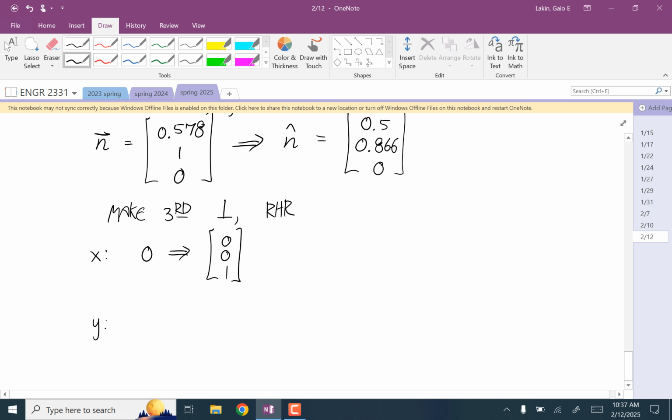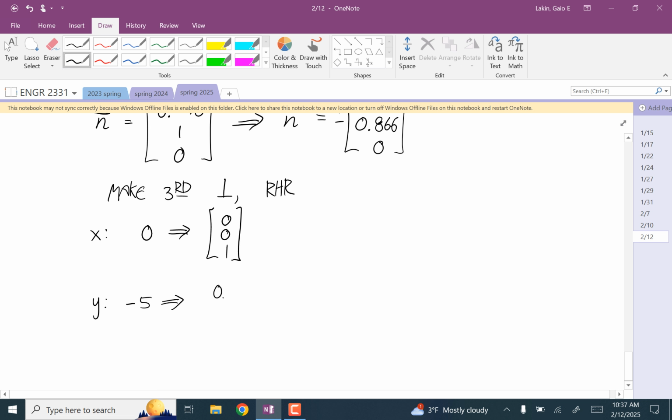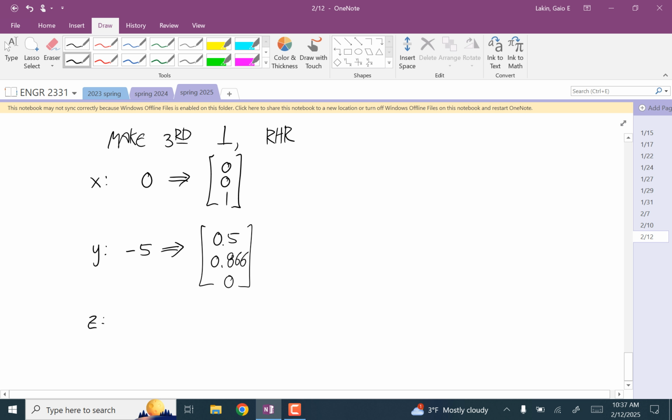And then our second one was -5, and that will correspond to, you know, these can always be plus or minus, but we'll make that 0.5, 0.866, 0. And then our z is our 10. And to get that, we're just going to go x cross y.